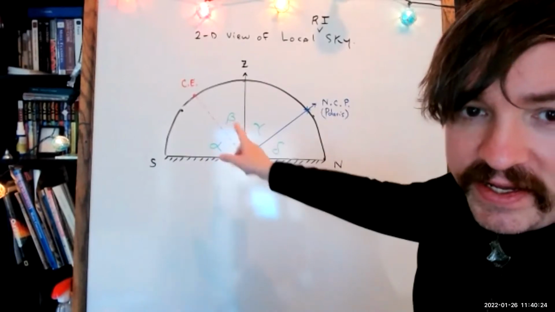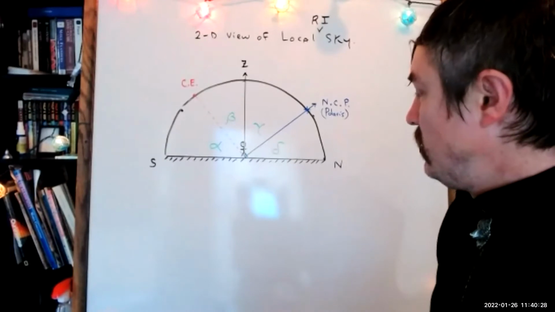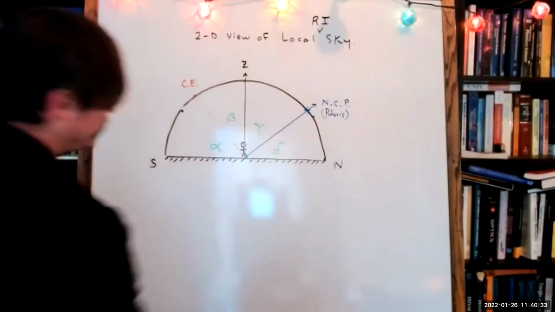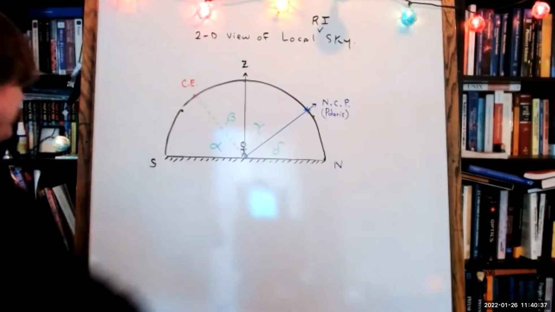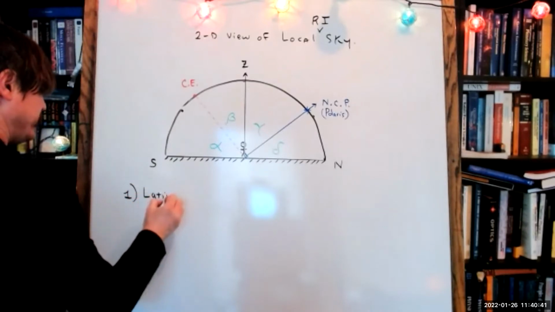Alpha, beta, gamma, delta. Let's try a few sample problems. One of these angles is a direct representation of your latitude on Earth. Which angle represents your latitude?